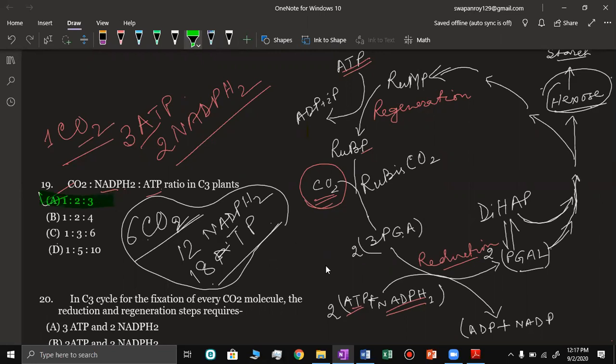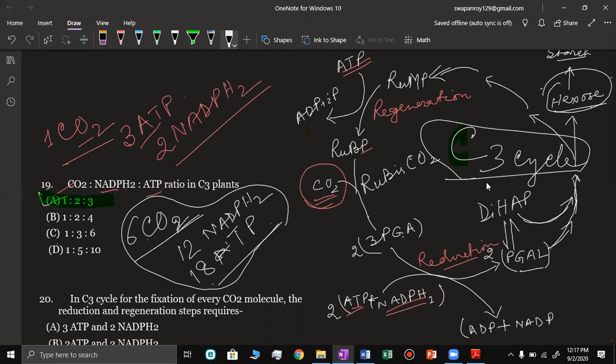This is in case of a C3 plant, the C3 cycle. In a C3 plant the requirement is less, but in the C4 plant there are additional ATPs required. In this case the ATP requirement is more.